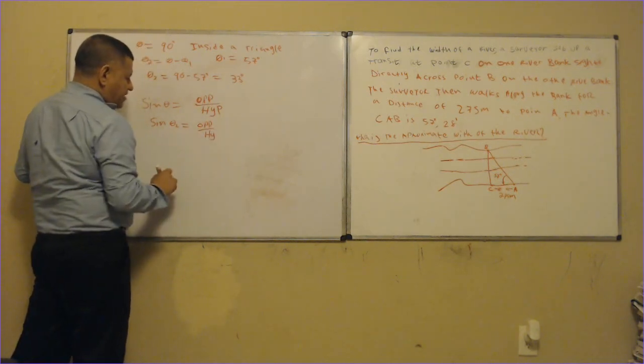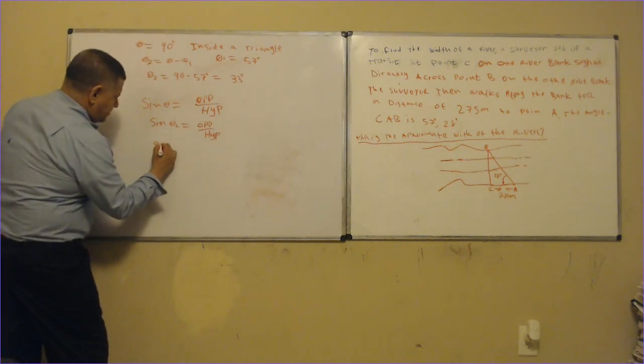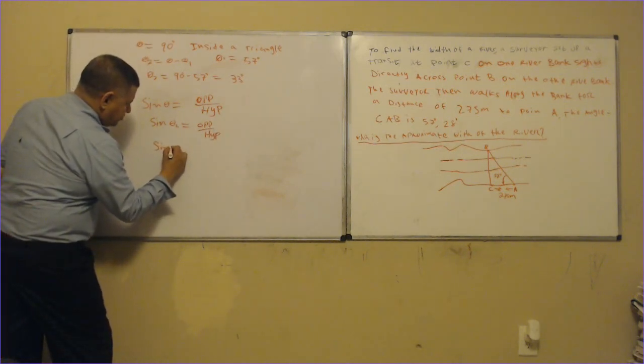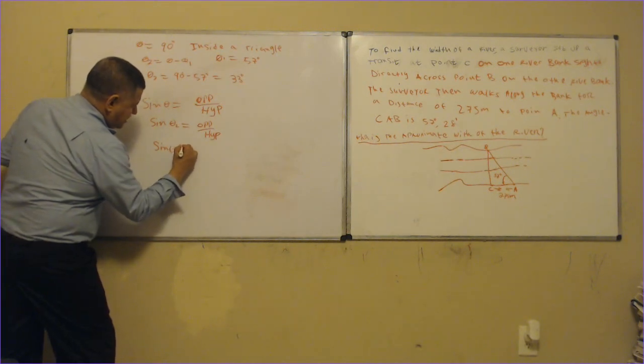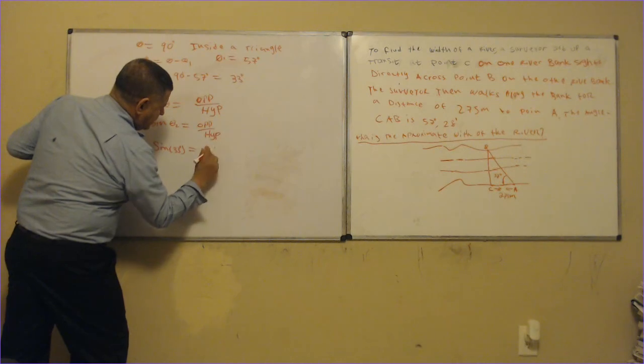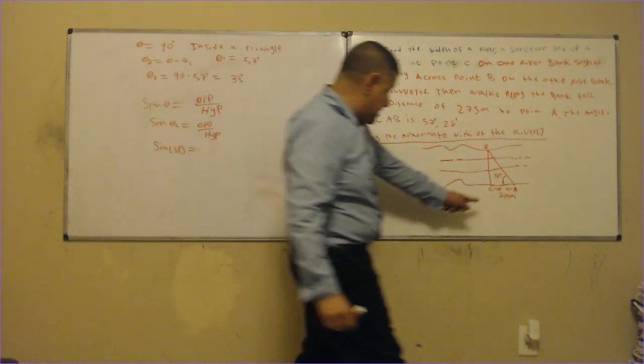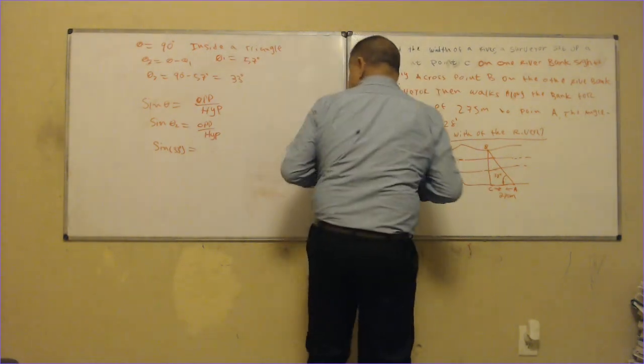And the hypotenuse, I don't know, but I know the opposite, right? So sine of 33 degrees is equal to opposite, which is the opposite in this case.